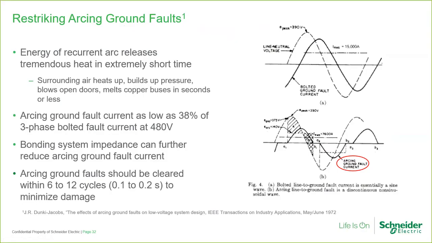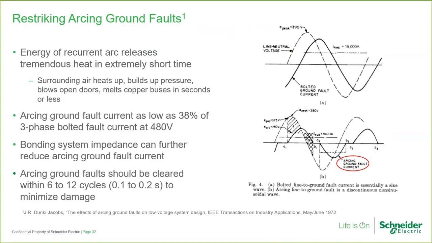The result is a series of restriking pulses of arcing current, a sustained arcing fault. The energy of the recurrent arc releases tremendous heat in an extremely short time. The surrounding air heats up, pressure builds, doors blow open, and copper is melted in seconds or less.